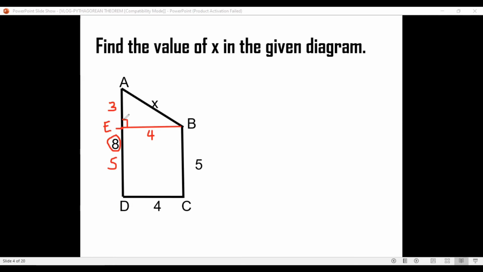Okay? And since we have here the right angle, we know that this pertains to the hypotenuse. So we will now use your x. So x squared will just be 3 squared plus your 4 squared.